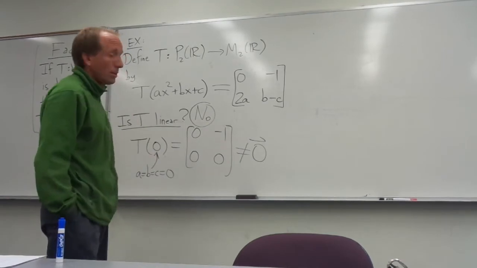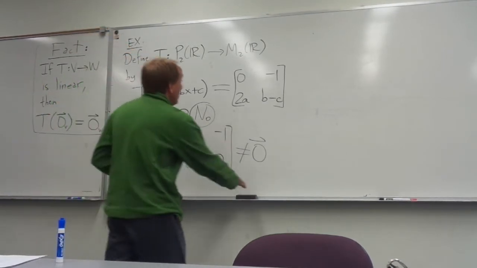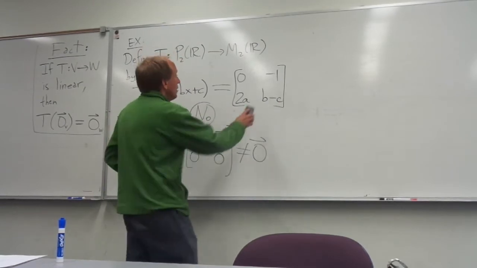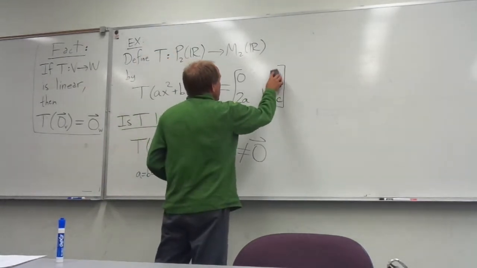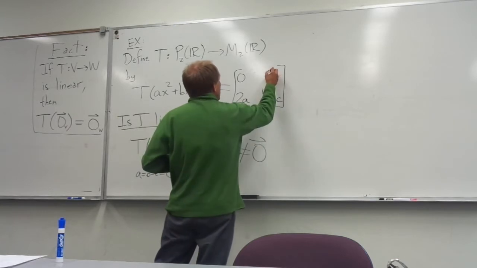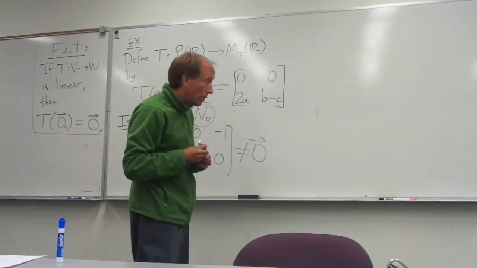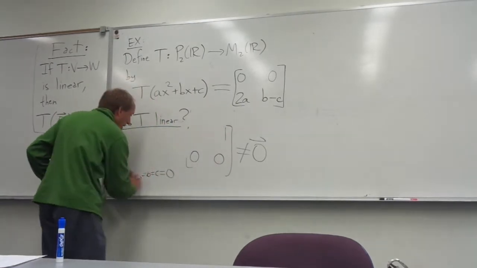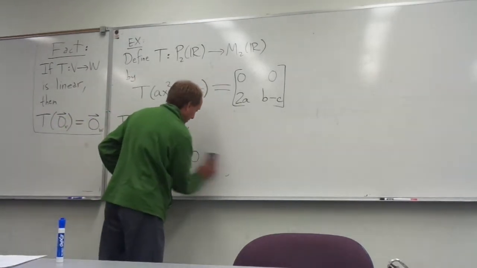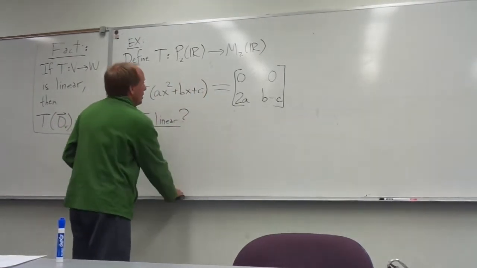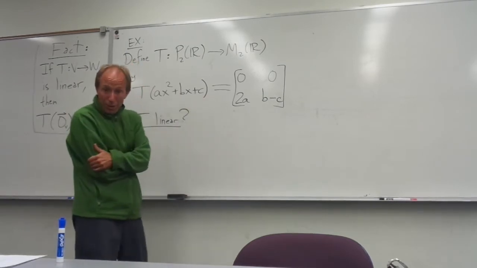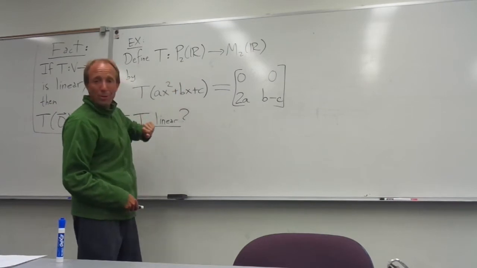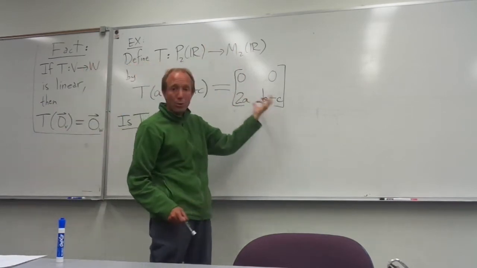All right, so that's one thing you can do. Now, if I had changed the problem slightly, let's suppose I'm going to make things a little more interesting. If I change this one to a 0 also, just one little change, then we could come back and ask the same question here. Is this linear now? We're still inputting a quadratic polynomial. We're still outputting a 2 by 2 matrix.